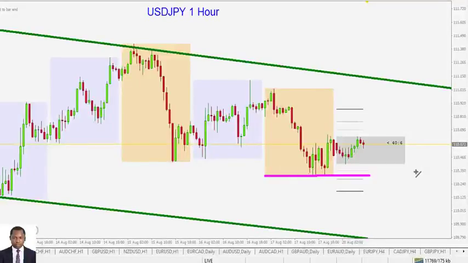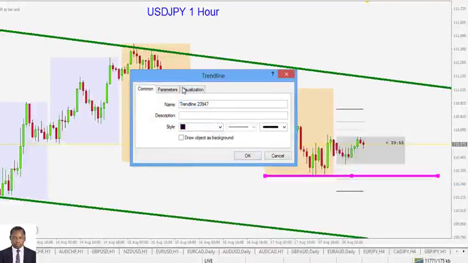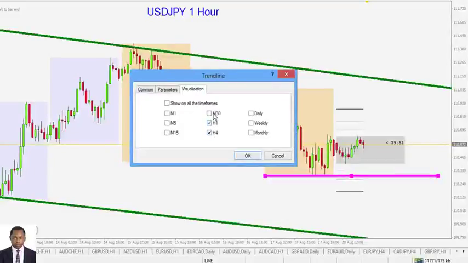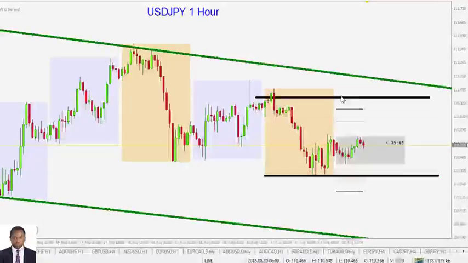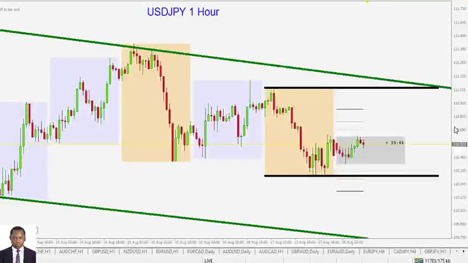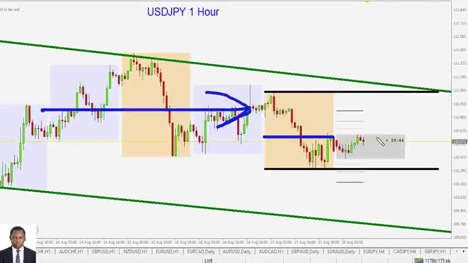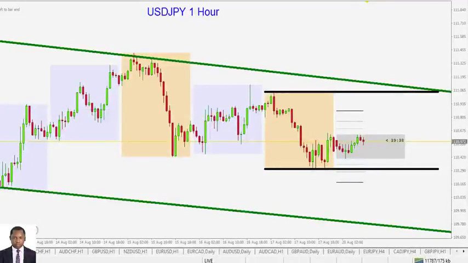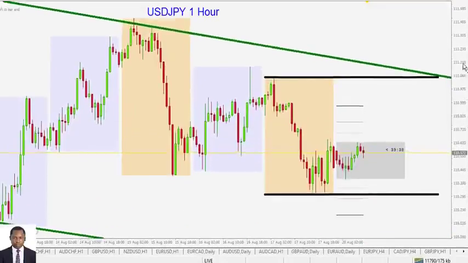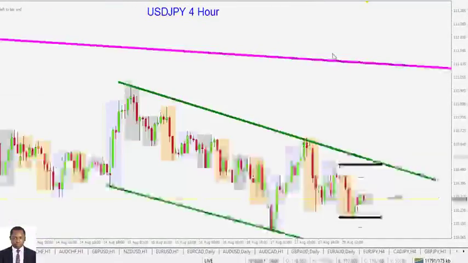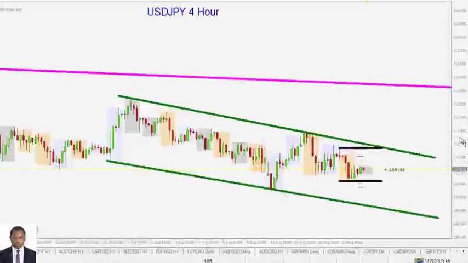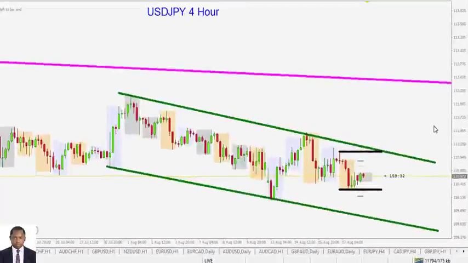Let's keep Friday's low and the Friday's high. Okay, so sideways price behavior, still in sideways price behavior. Pressure to the downside, but it's not moving quite straight on.